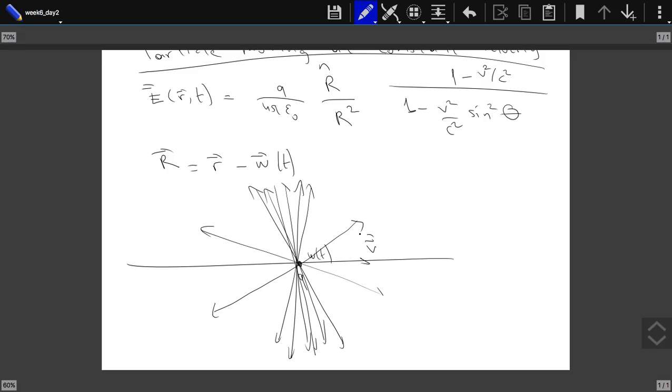They are kind of bunched in the plane perpendicular to the velocity, the electric field lines. And the magnetic field for this case is just 1 over c squared v cross E.